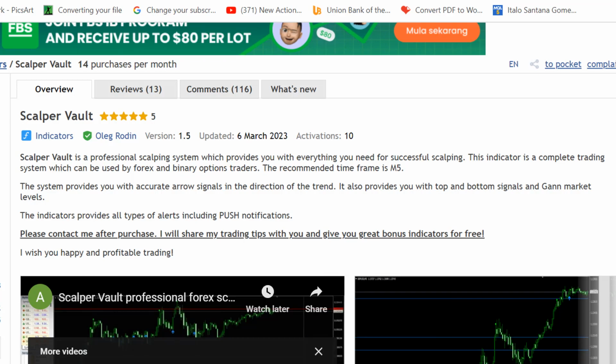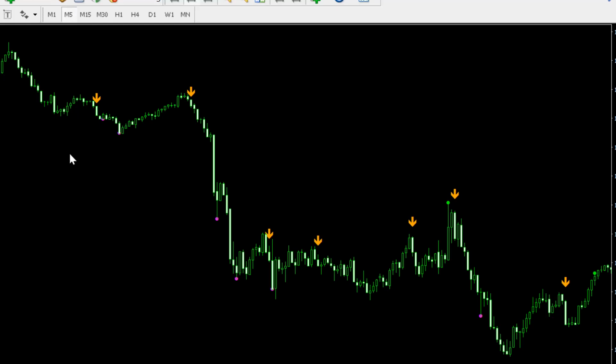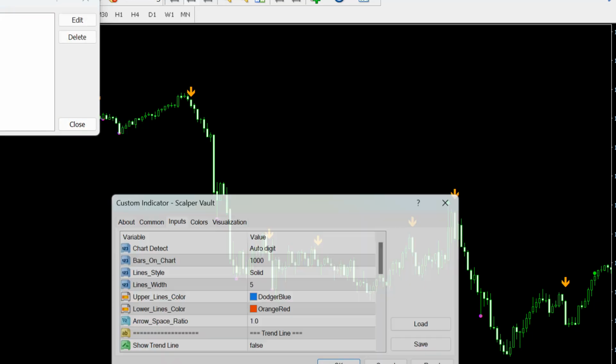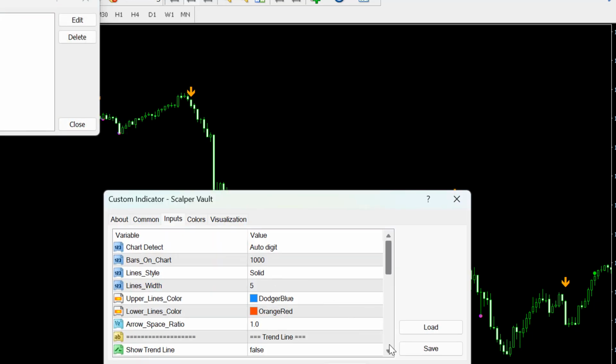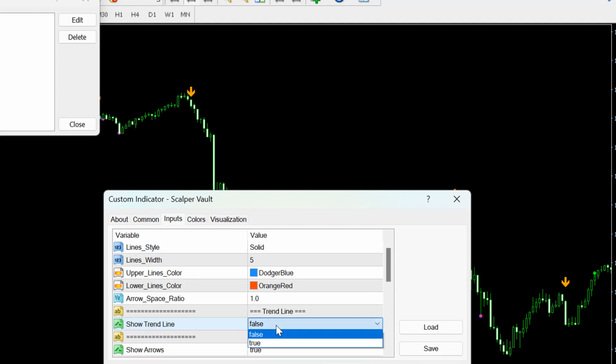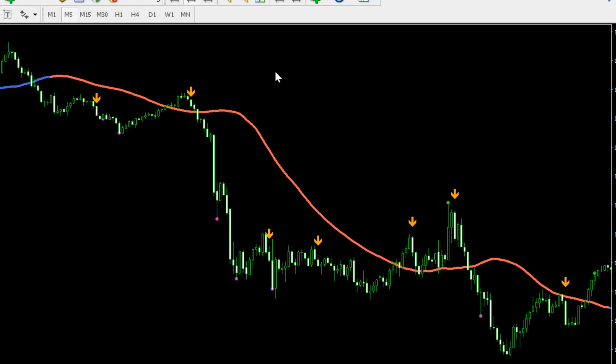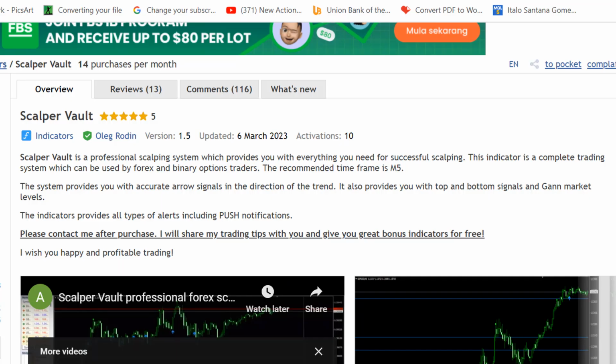So for us, with the trend, according to the author, we have to use this, which will help us also in our trading decision. We now have the trend line in the direction of the trend.